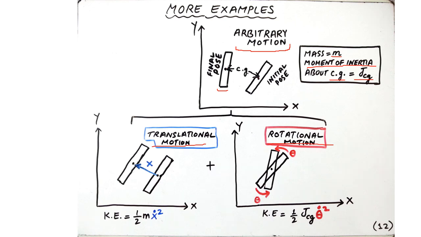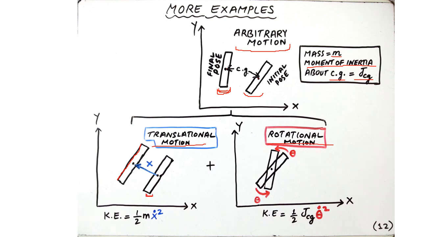Assuming that the pendulum bar-like strip shown here has some general or arbitrary motion, it moves from its initial position over here to the final position over here. It is the same as the bar first experiencing a translational motion. So this one over here is taken as the initial position, the right-hand side.